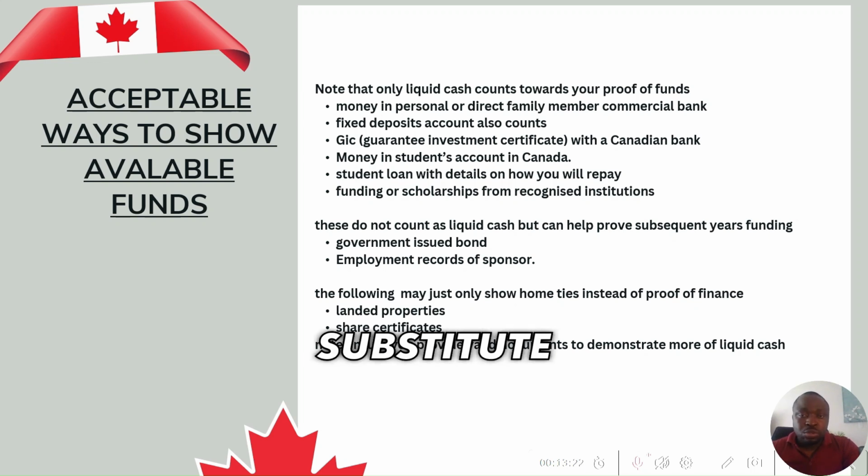They will not substitute for liquid cash. Even if you have shares worth billions and you don't have liquid cash, you may still be denied based on insufficient funds, because those are not easily convertible. Same thing with landed properties. However, it can still make your case stronger to show that you have a good reason to come back to your country.